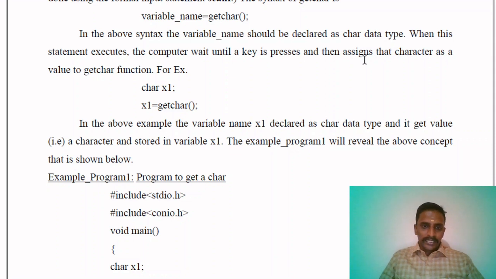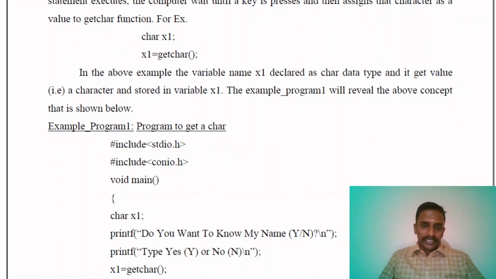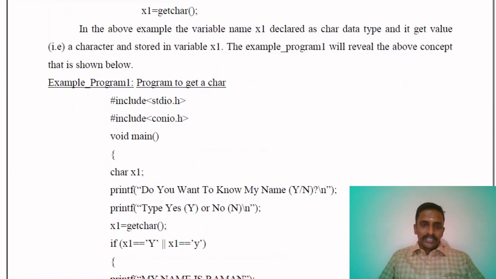The x1 is the variable that is used to get the character, and the printf statement is printing: do you want to know my name, yes or no. Here the yes is used to accept the character, and no is used for accepting no characters. So x1 equals getchar. This is the same as what we have done in the scanf statement.